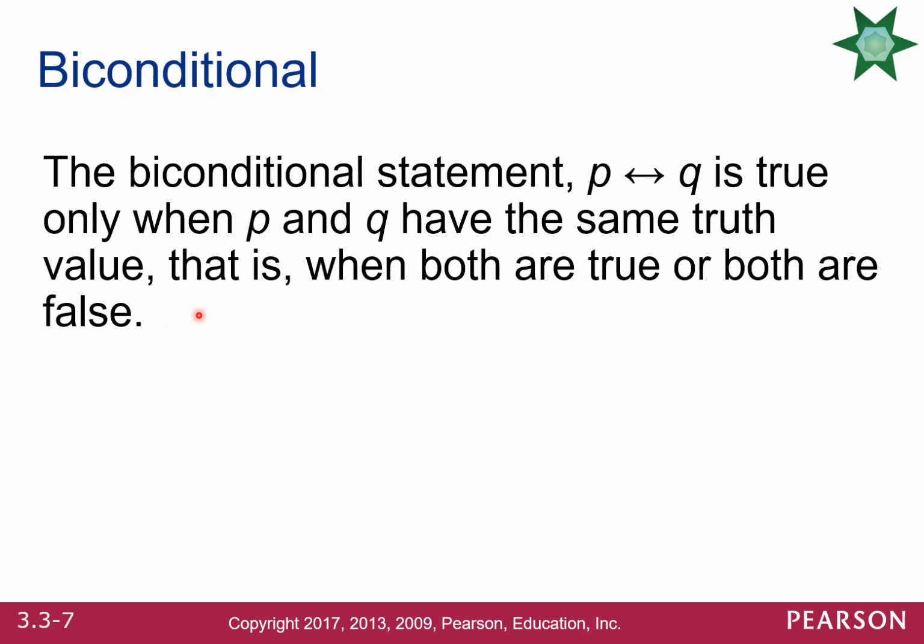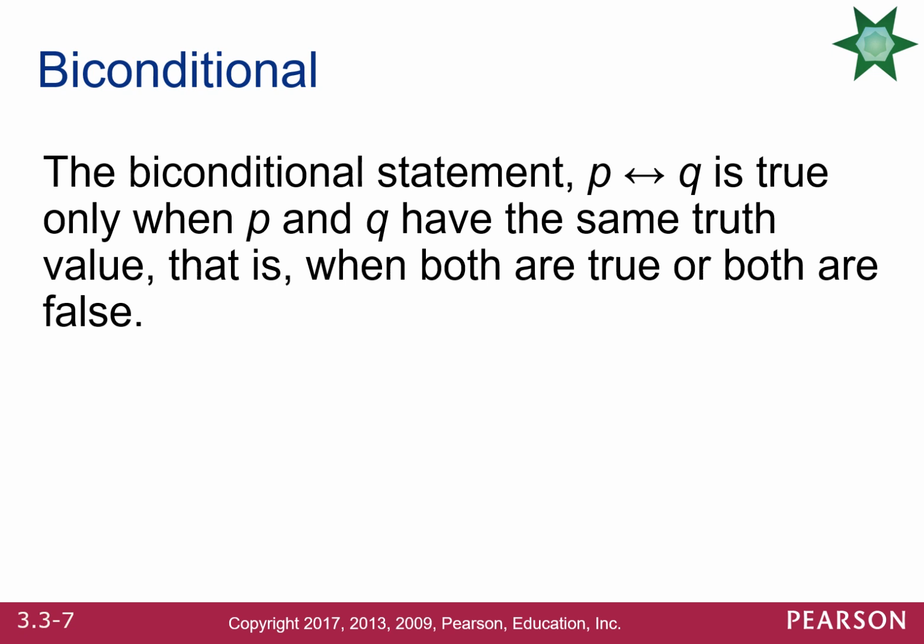So the truth values for the biconditional statement, if and only if P then Q, is true only when P and Q have the same truth value, that is, when both are true or both are false.